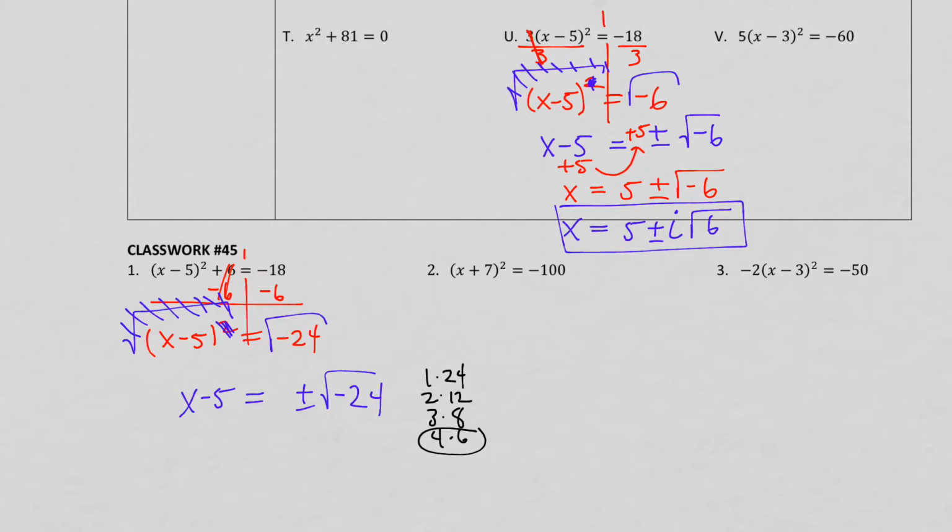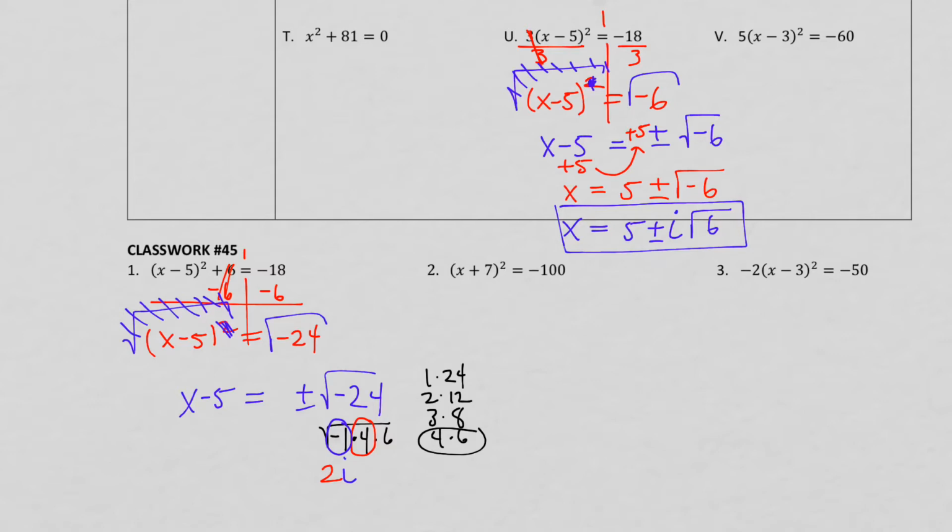So what I have here is the square root of negative 1 times 4 times 6, but I now know that this simplifies as the square root of 4 equals 2, and the radical negative 1 equals i.